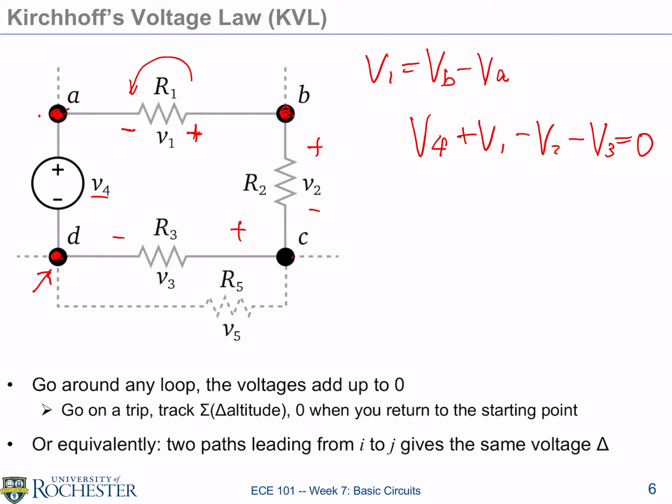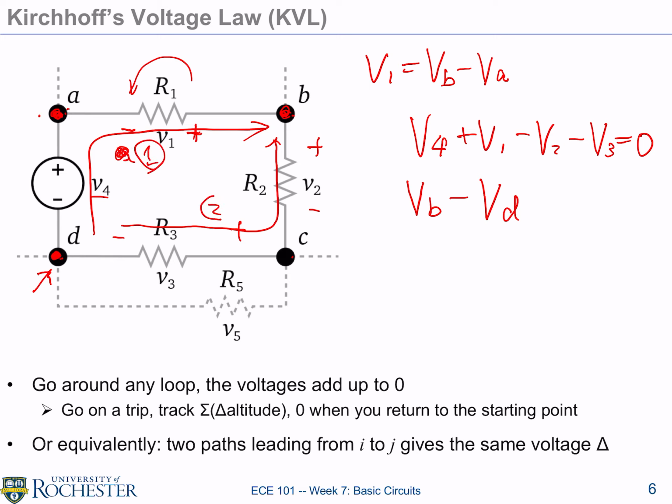Okay, that's one way of saying you go around the circle, the voltage cumulatively adds up to 0. Another way of looking at it is really just a different way of experiencing it. If I go to VB in one way, the voltage difference has to be the same as if I go there another way. Why? Because going from D to B, I'm going to see a potential difference of VB minus VD in either route 1 or route 2.